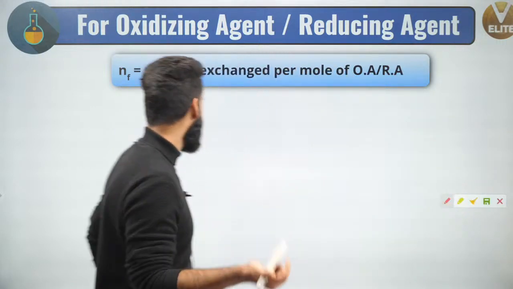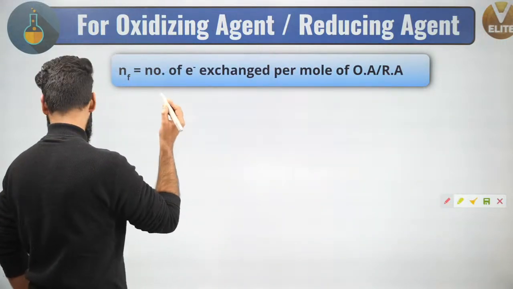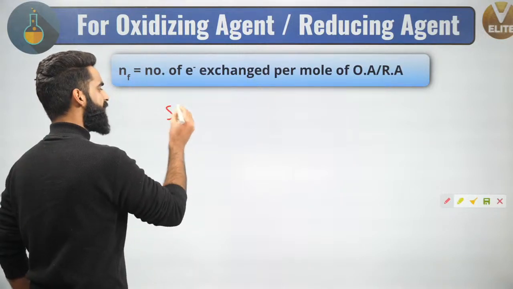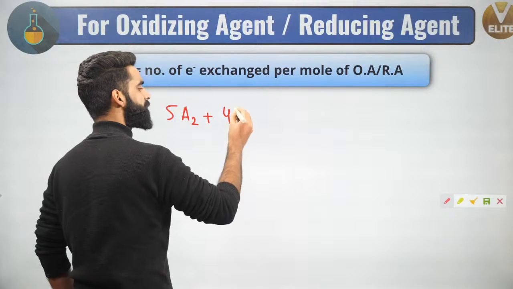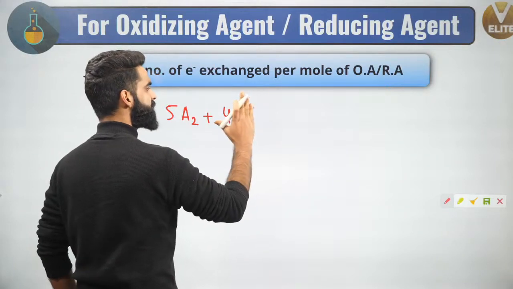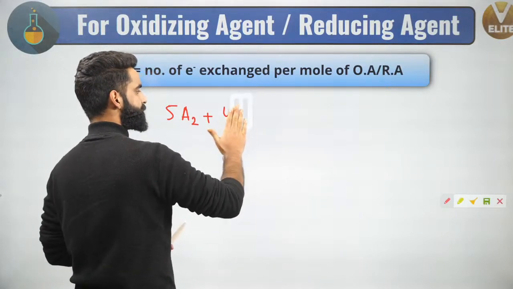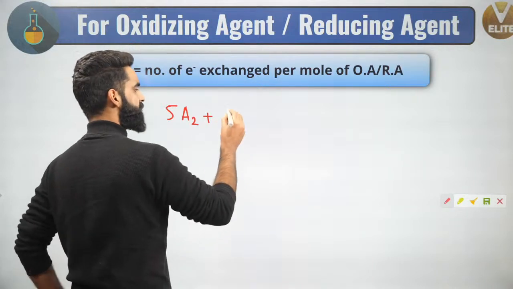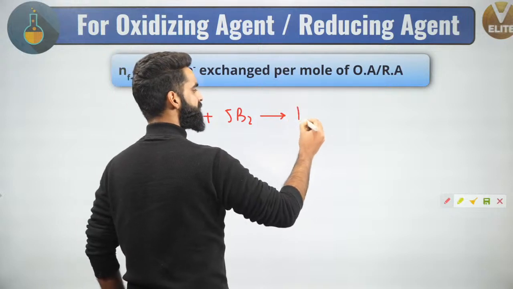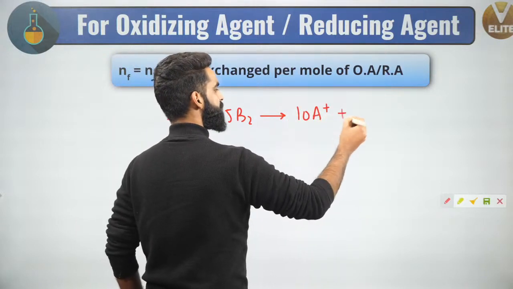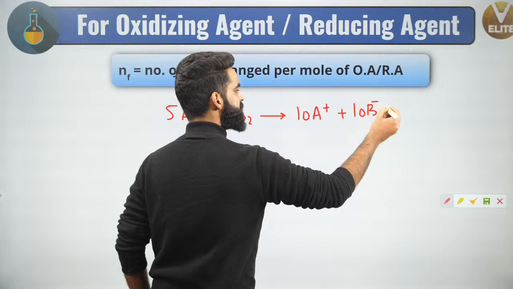Let's say I've got a reaction like this: 5 times A2 plus 5 times B2 gives, for example, 10 times A positive plus 10 times B negative.